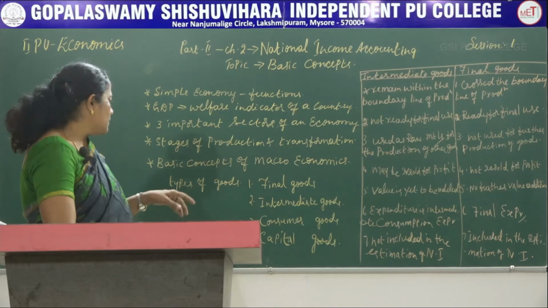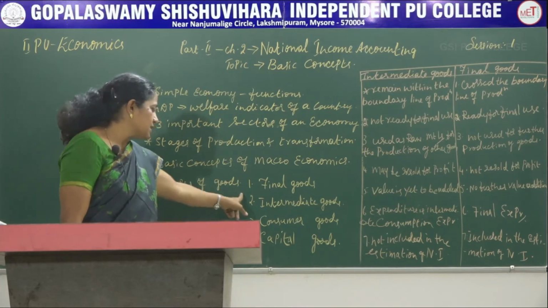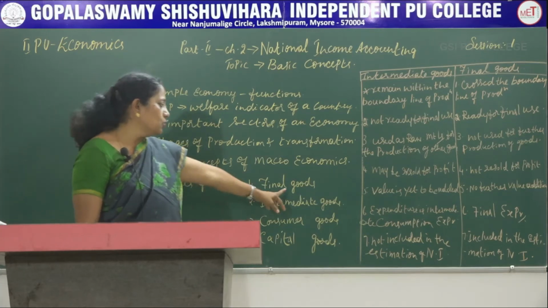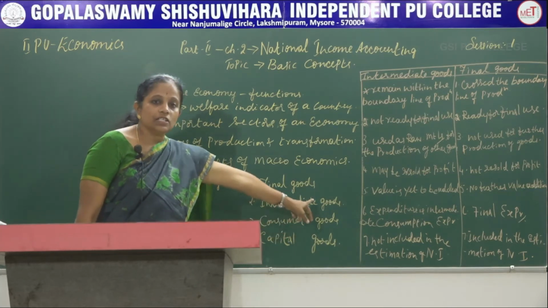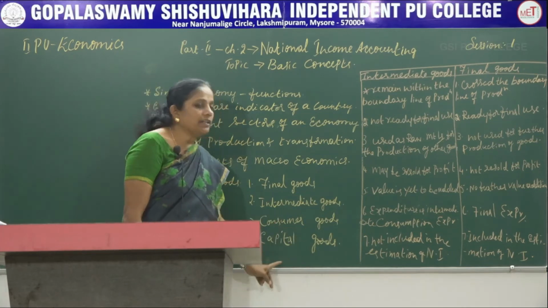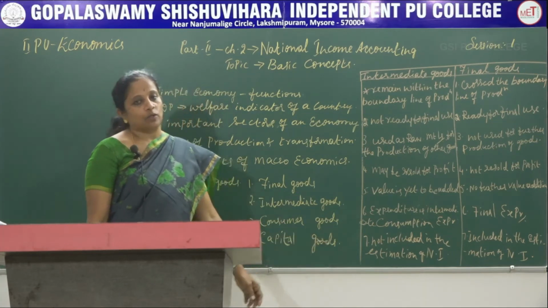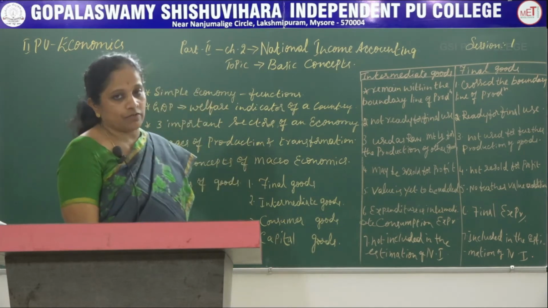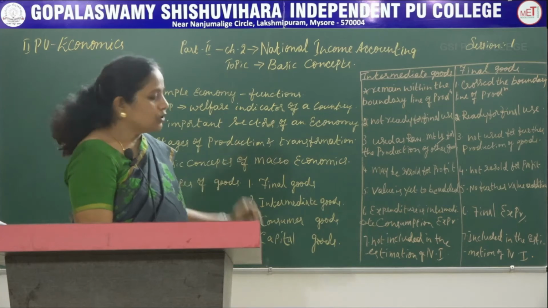So, here some of the types of goods are discussed today, and they are, the first one is final goods, second one is intermediate goods, the third one is consumer goods, and the fourth one is capital goods. So, now let us see about the first one, the final goods.